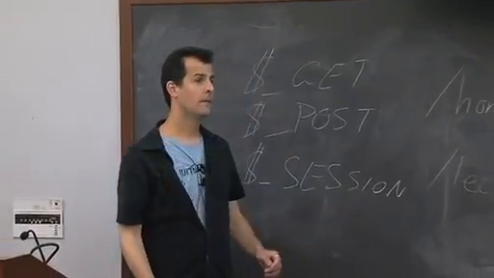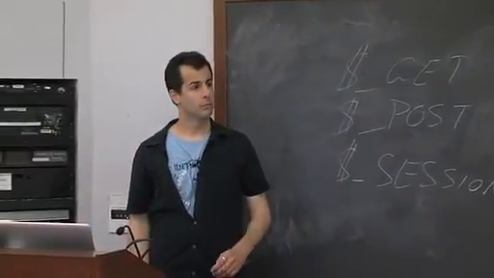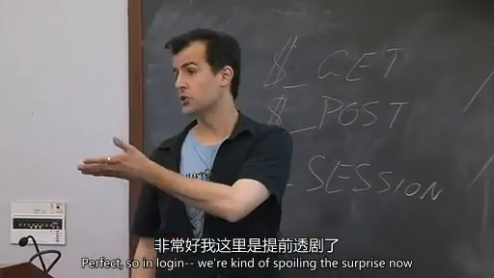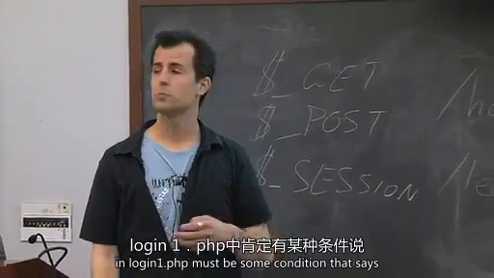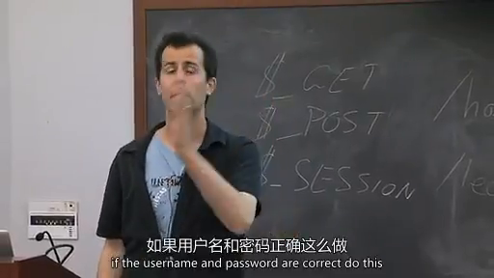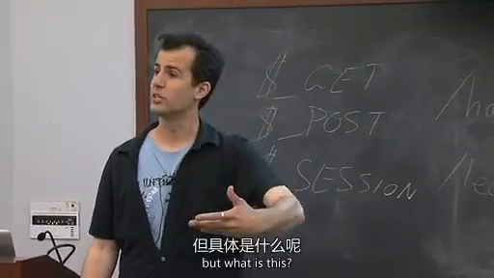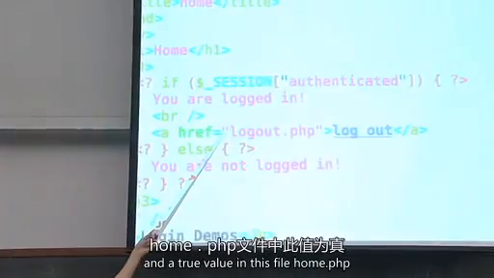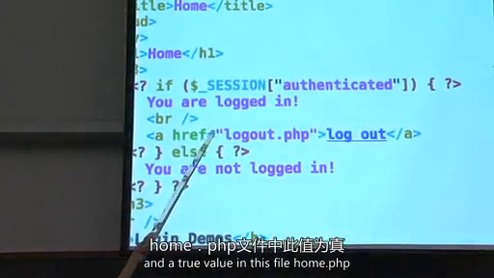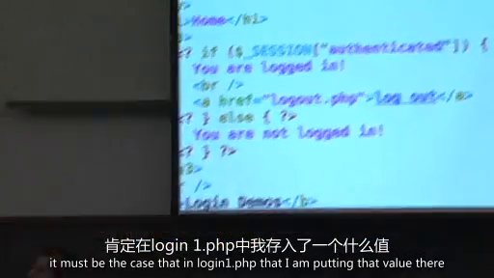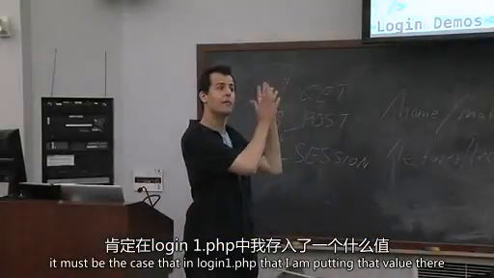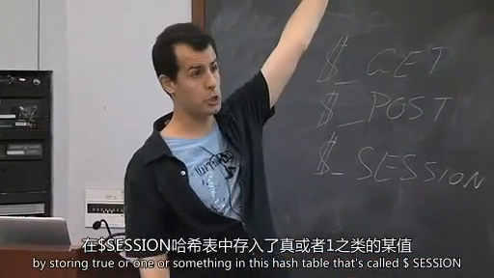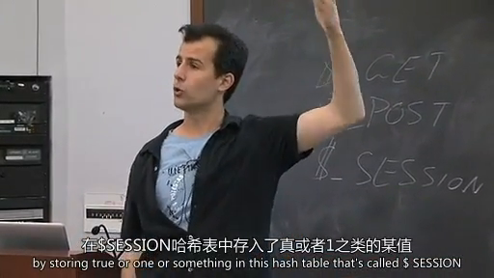There has to be a key, a boolean or something in there called authenticated. Perfect. So in login1.php, and we're kind of spoiling the surprise now, it must be some condition that says if the username and the password are correct, do this. Well, what is this? Apparently, if we're checking for the presence of this key and a true value in home.php, it must be the case that in login1.php I am putting that value there by storing true or 1 or something in this hash table that's called $_SESSION.